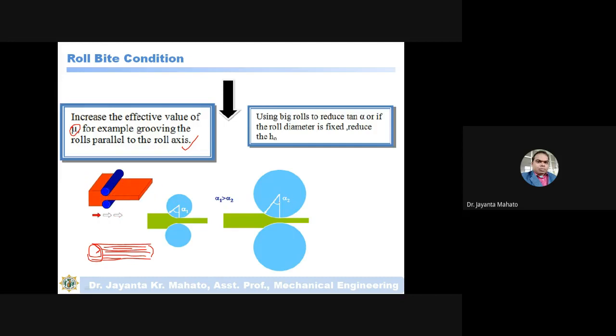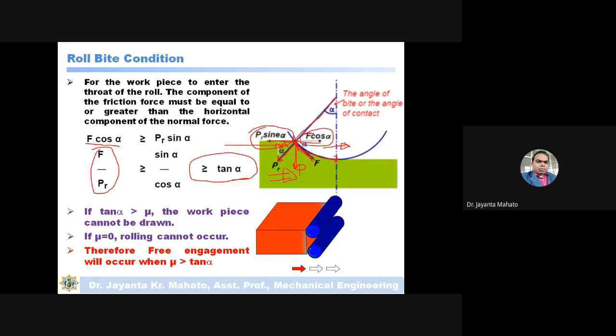If H naught is more and you increase the diameter, the angle alpha will be less, and if alpha is less, then tan alpha will be less.